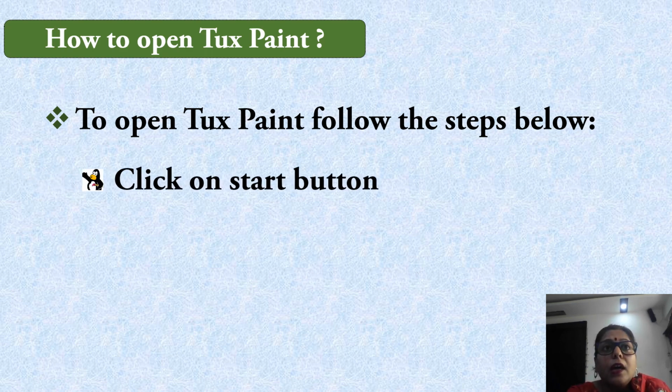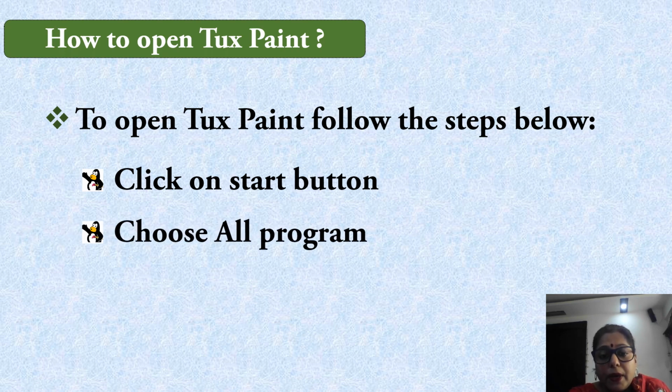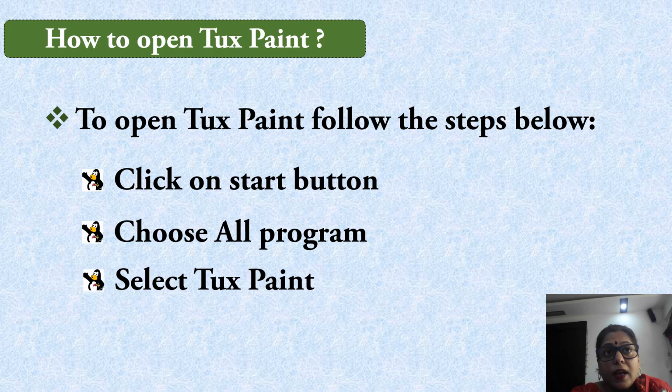First, click on the Start button in the taskbar. Second, in the Start menu, choose All Programs. In All Programs, select the TuxPaint program. Find the TuxPaint program and select it.